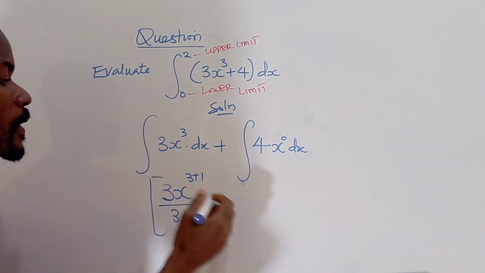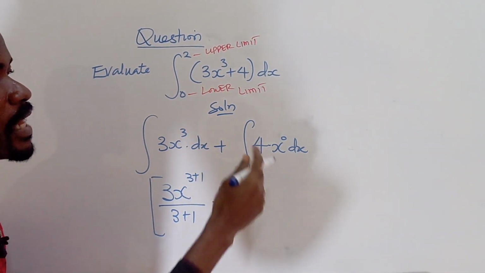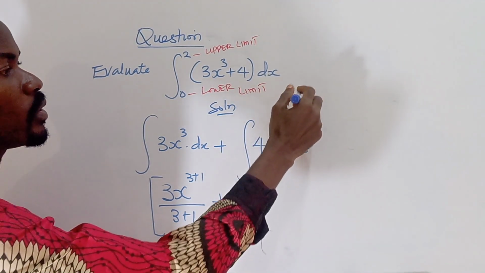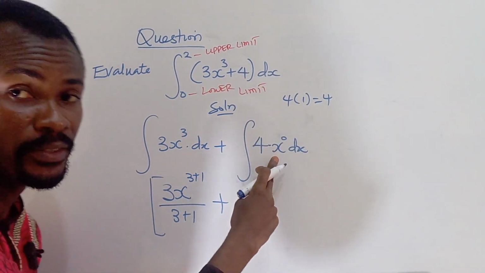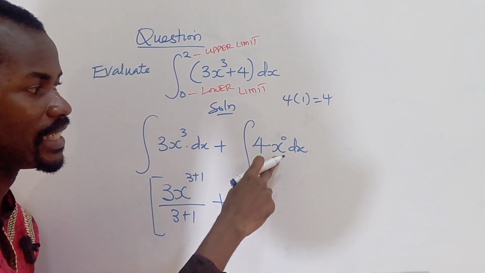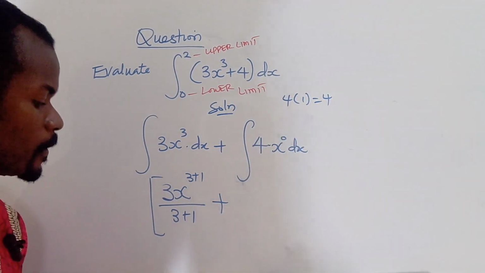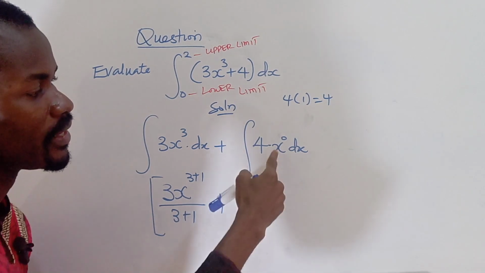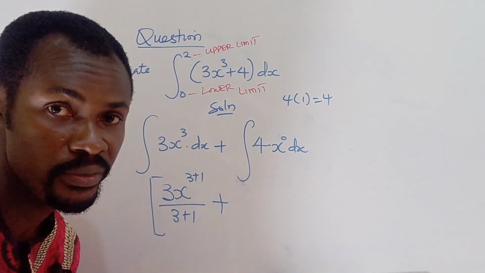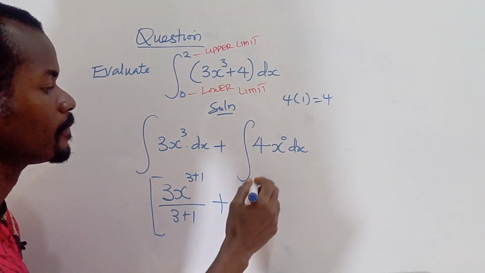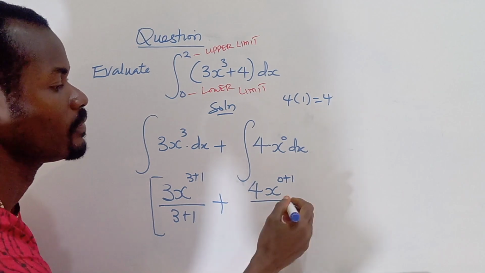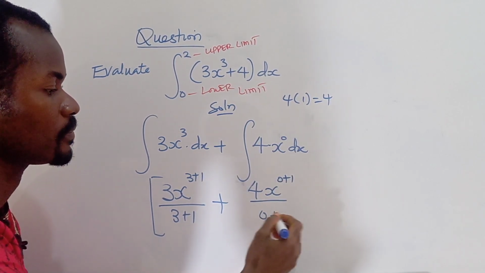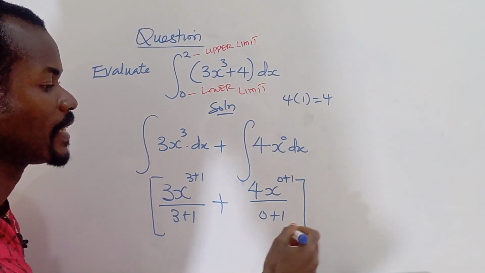So we have plus 4 times 1, which is still 4, because from your principle of indices, this always means 1. So if we integrate this, we add 1 to the 0. So we have 4x raised to the power of 0 plus 1, divided by 0 plus 1. We bring all this down. It's as simple as that.